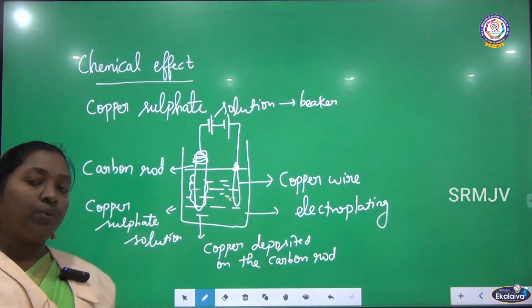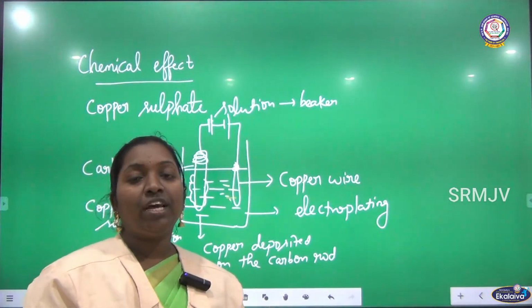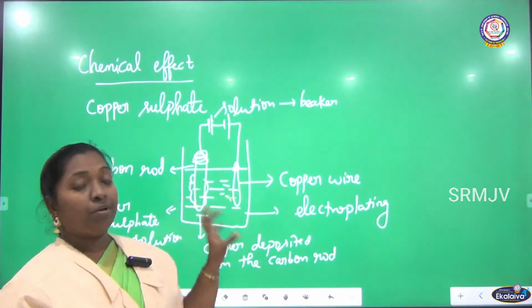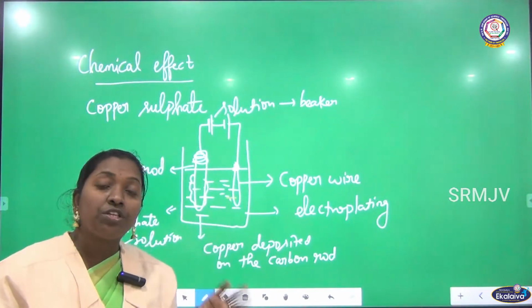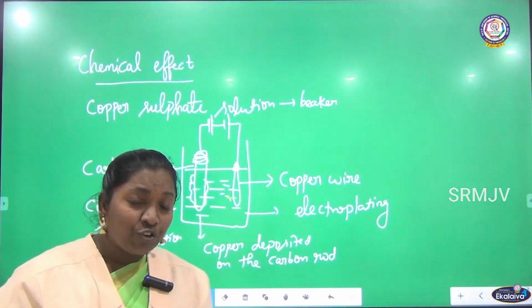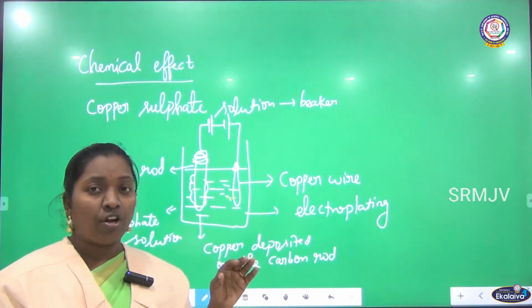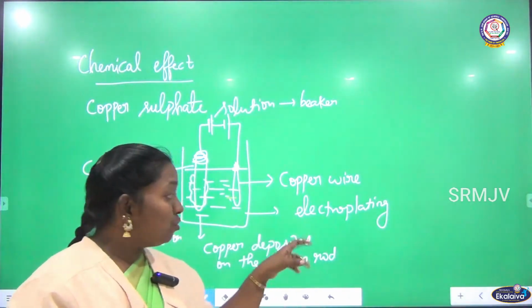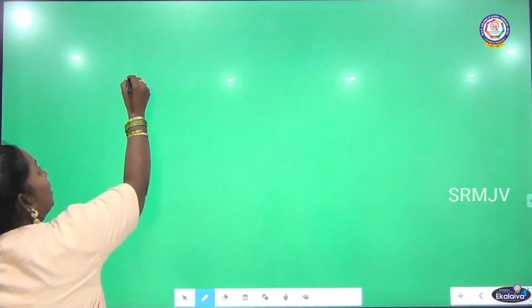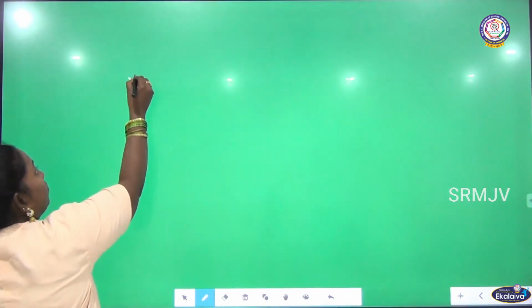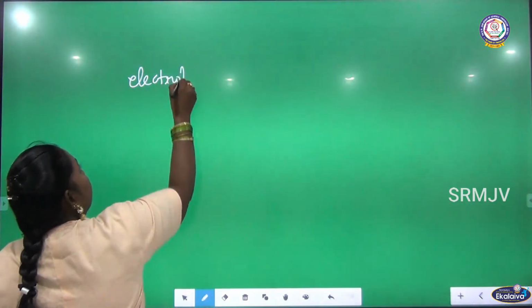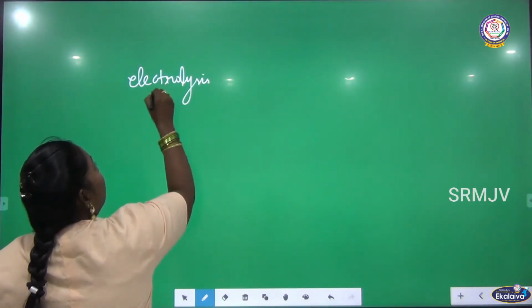As we know very well, moving electrons will conduct the current, isn't it? Here in the case of the chemical effect, in this solution even the positive copper ion will conduct a current. Not only an electron, even the positive copper ion will conduct a current. So what we are going to learn is what electrolysis is.